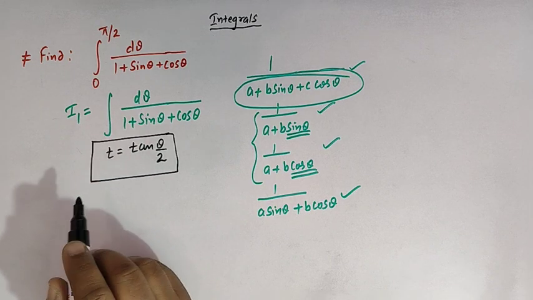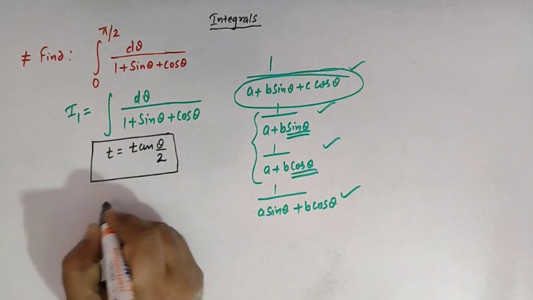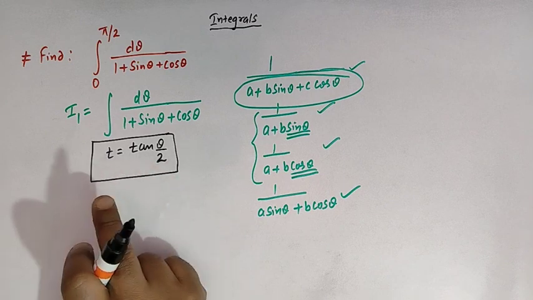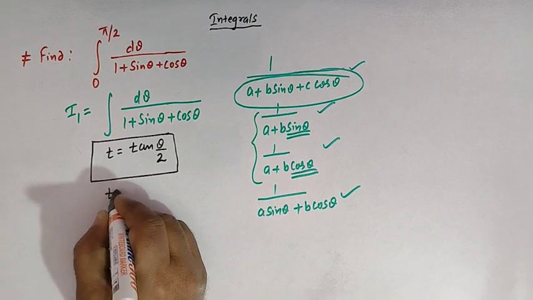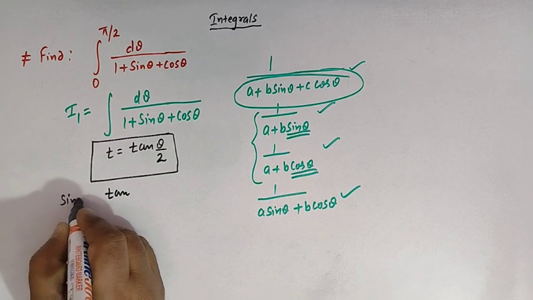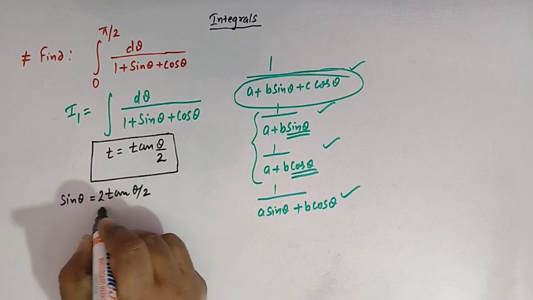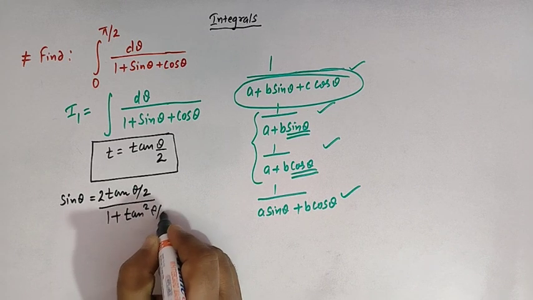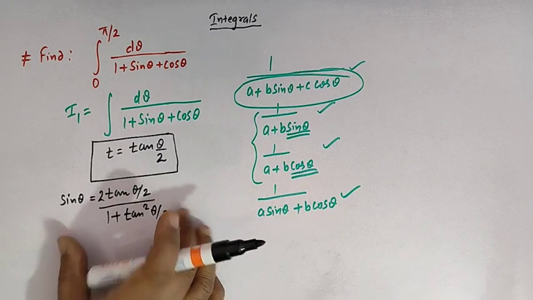And here we'll make use of the important identities connecting tangent theta and sine theta, and tangent theta and cosine theta, right? So we can write sine theta is equal to 2 times tan theta over 2, divided by 1 plus tan square theta over 2, right? So this is an important identity from trigonometry.